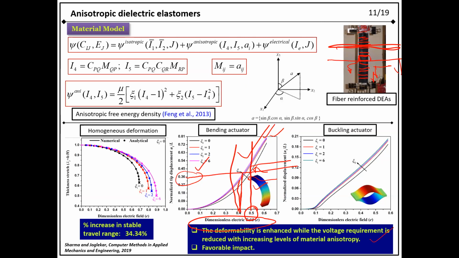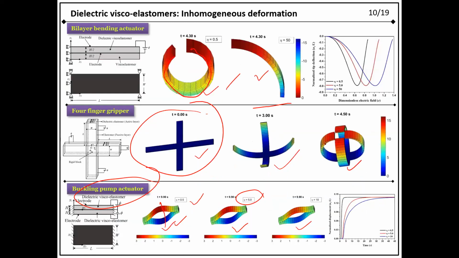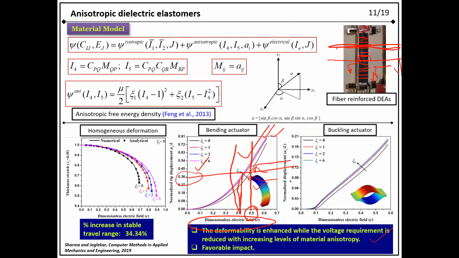Instead of a requirement of 10 kilovolts, it will reduce, let's say, to 7 kilovolts in order to obtain the same level of actuation. Okay, so these are related to the finite element modeling of dielectric elastomers, and the behavior or dependency on the anisotropy.